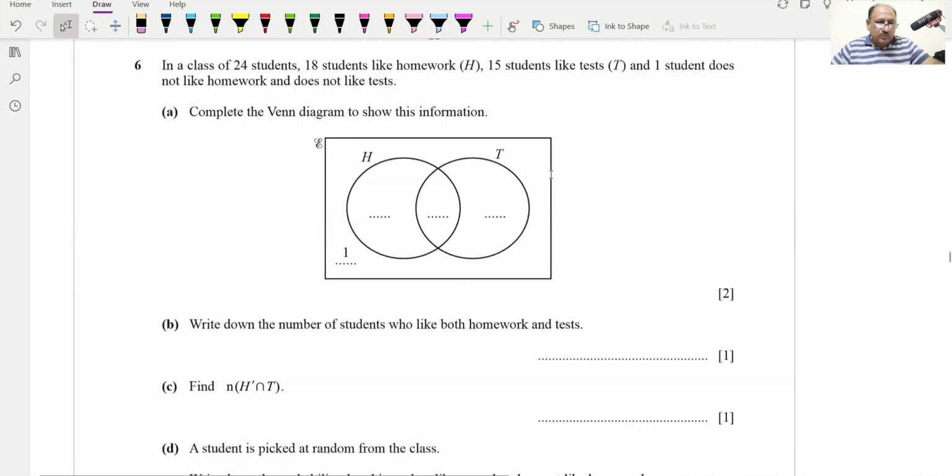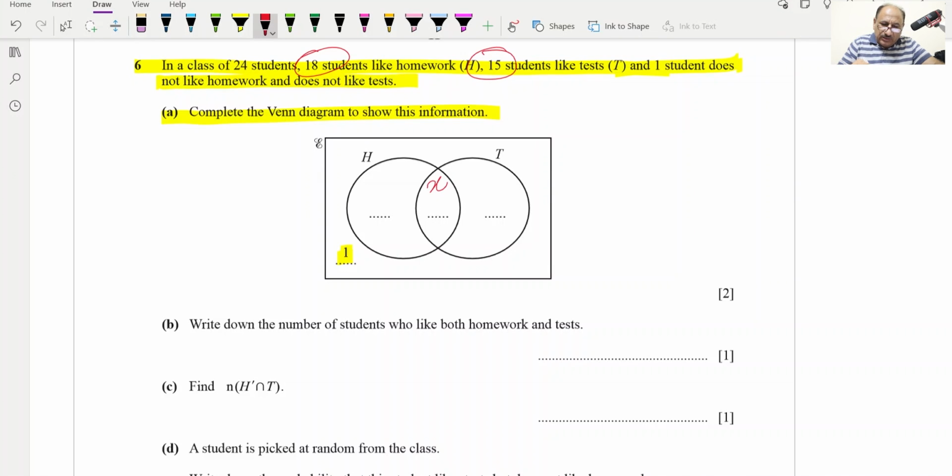Now question number 6. Question number 6 says, in a class of 24 students, 18 students like homework H, and 15 students like test T, and 1 student does not like homework and does not like test. 1 is indicated over here. Complete the Venn diagram to show this information. So what we can do, we can take this region over here as x, so the rest of the things we can calculate in terms of x.